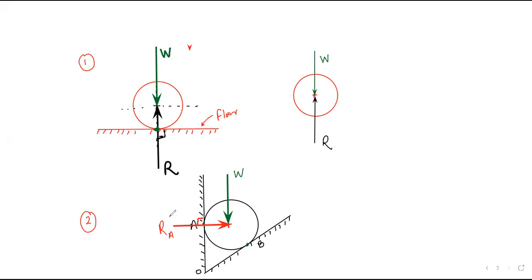Please remember this. Next, if you think about point B, you can see that this surface at B is an inclined surface. This is not a horizontal surface and not a vertical surface. So the reaction you are getting from point B on this sphere will be perpendicular to this surface.